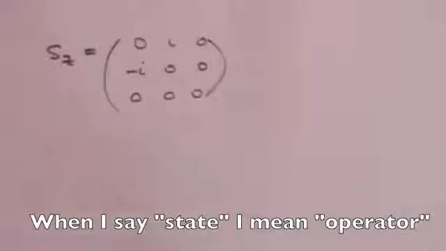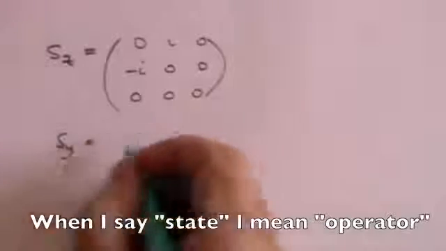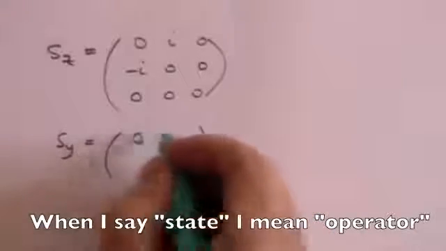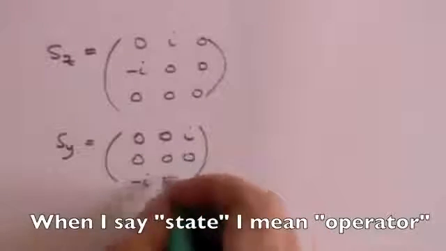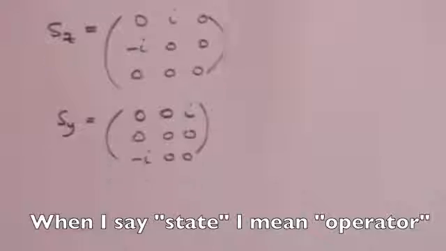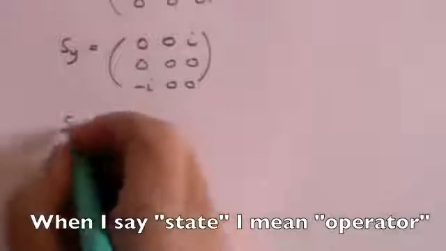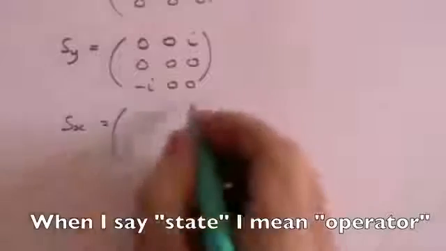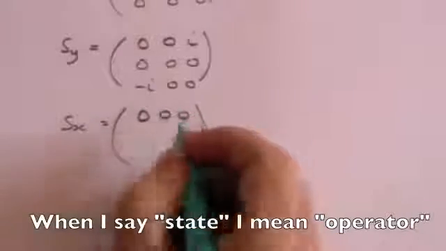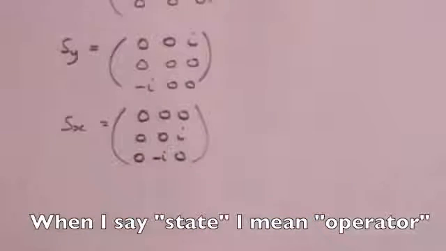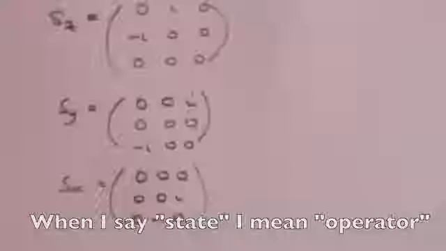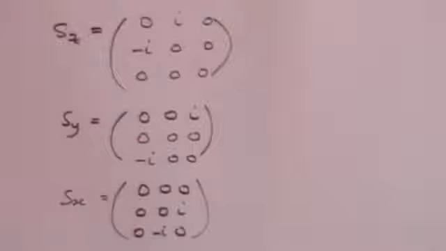That's the z spin state. The y spin state is 0, 0, i, 0, 0, 0, minus i, 0, 0. And the x spin state is 0, 0, 0, 0, 0, i, 0, minus i, 0. Those are the 3 spin operators for bosons which have spin 1.